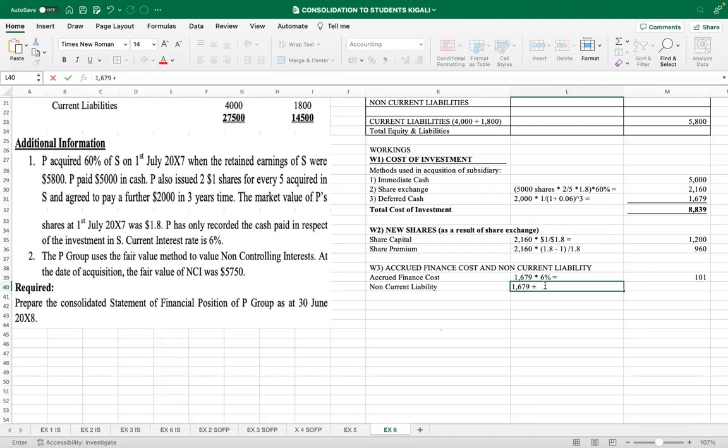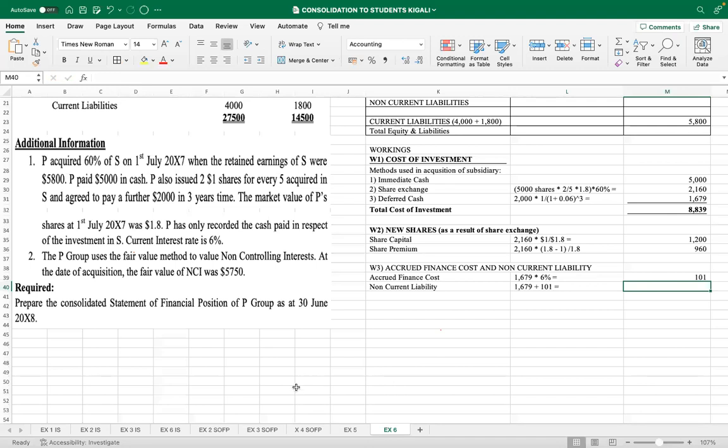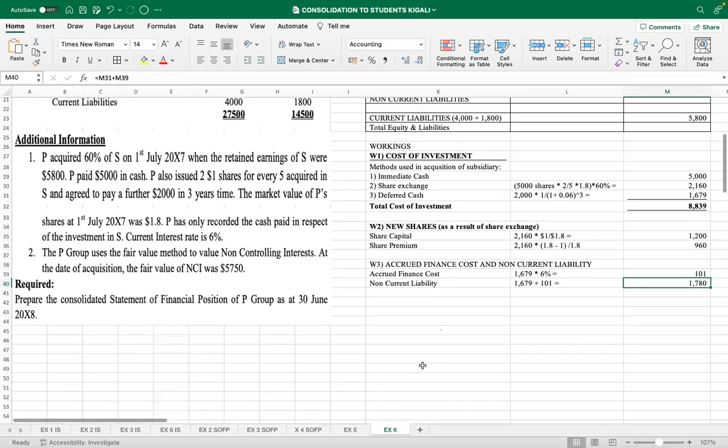Accrued is 101. We had looked at it in the other example where we took 18 million plus 1.8 million. So here it is this plus that. So it gives you 1780. So with that, we are done with all workings.